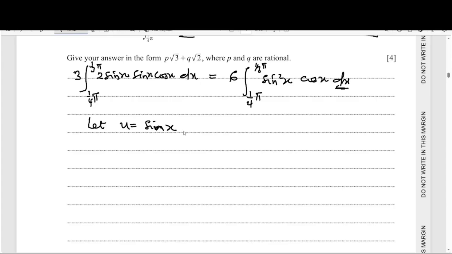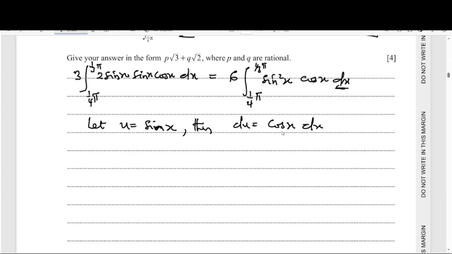If u is equal to sine x, let's differentiate it. du/dx is equal to cos x, which means that du is equal to cos x dx. Let's make dx the subject.